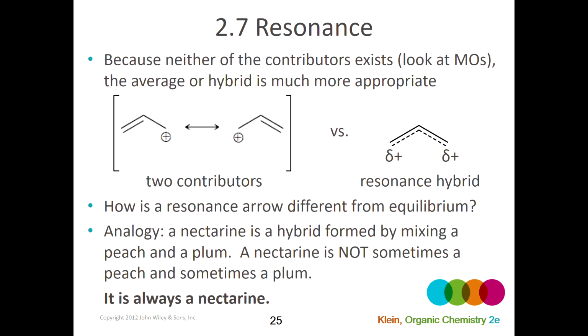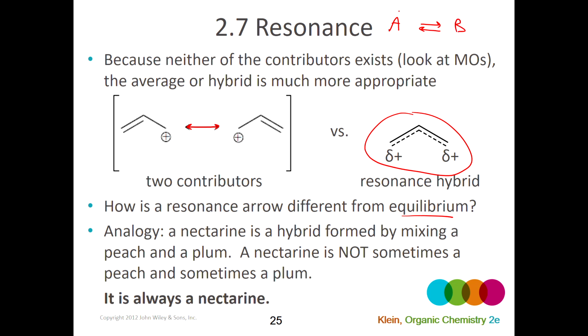How is a resonance arrow different from an equilibrium arrow? That's important. The resonance arrow is one single line with a head on either side. That arrow communicates that these structures don't exist, but they're contributing to what the true average structure looks like. An equilibrium arrow is two arrows pointing in opposite directions.